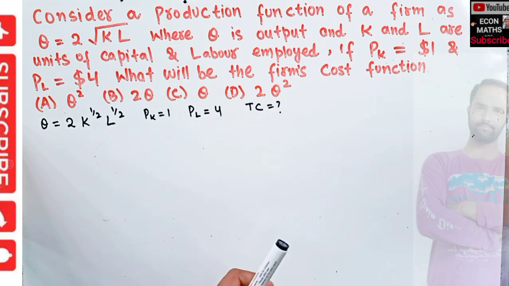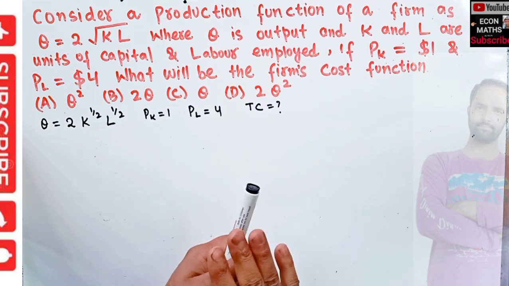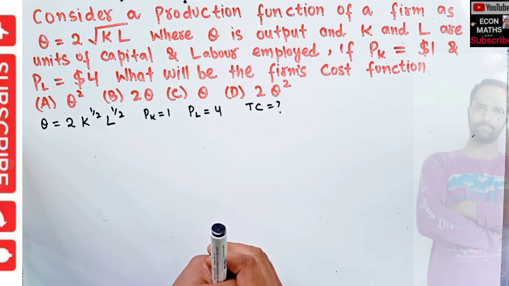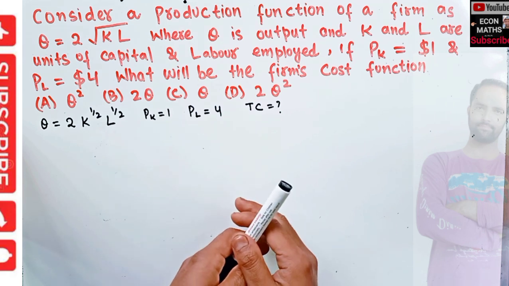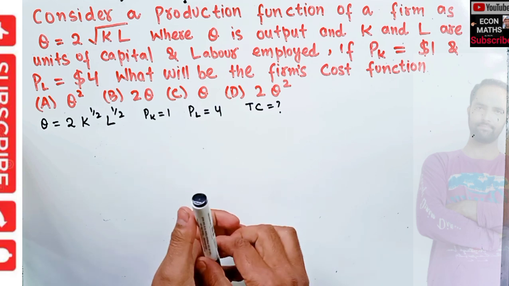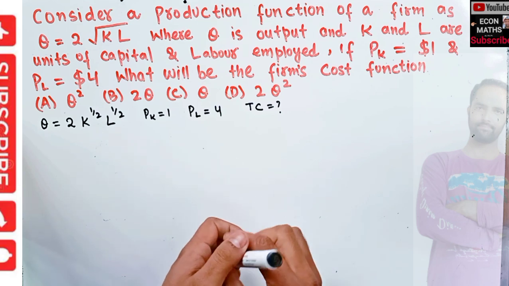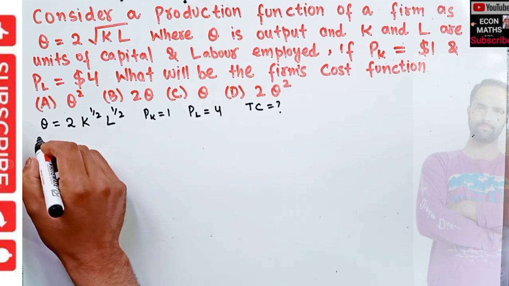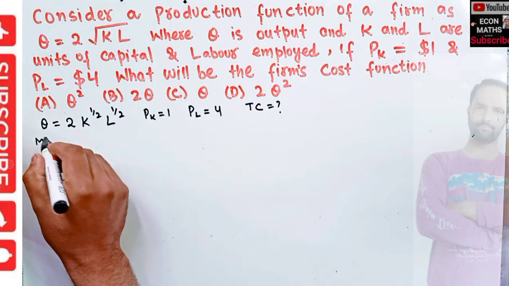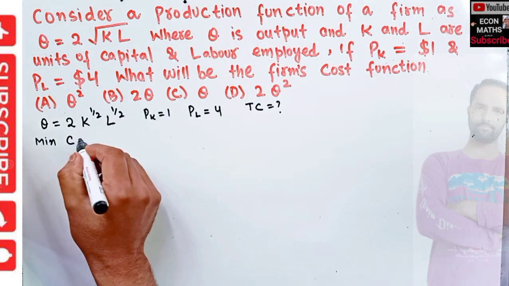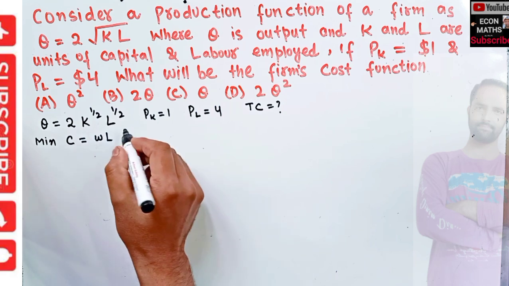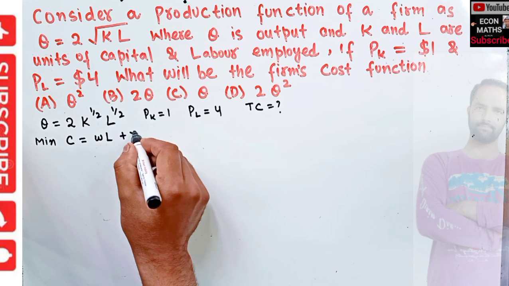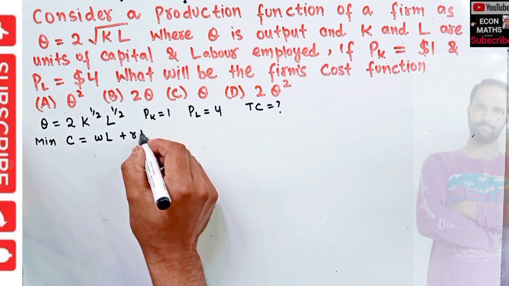Now how do we solve this kind of question? Simple thing, we first set the cost minimization condition. That is, we minimize cost subject to the given production isoquant. That means our endeavor is to minimize cost, and we know cost is simply wage rate times units of labor employed plus rental rate of capital times units of capital employed.